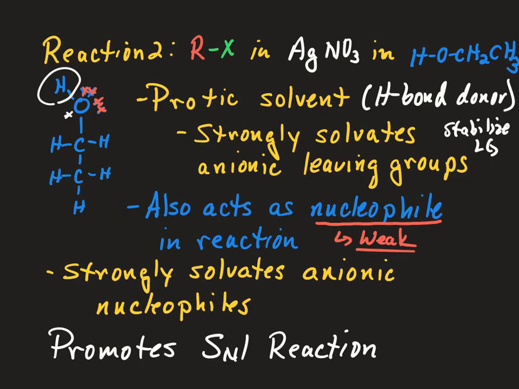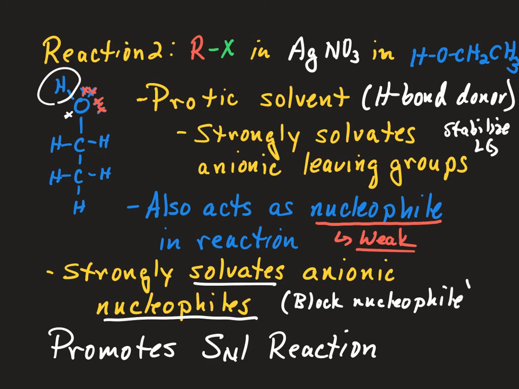It also tends to solvate the nucleophile, and as we talked about before, that tends to block the effect of the nucleophile. So the sum of all of these effects is that a protic solvent tends to promote SN1 reactions, by helping the leaving group leave, by slowing down the nucleophile, and in this case, by acting as a weak nucleophile itself.